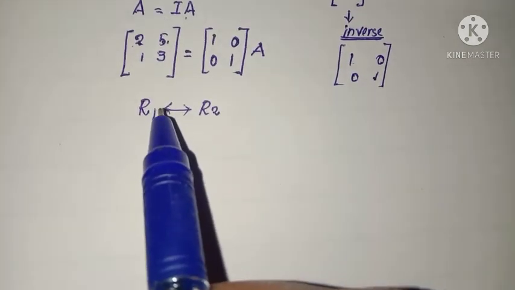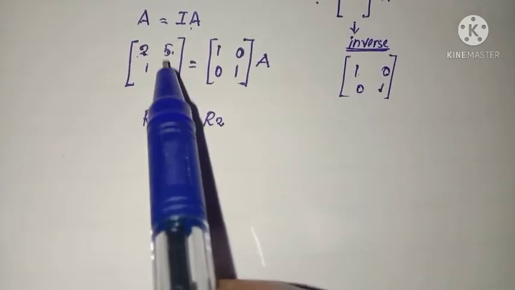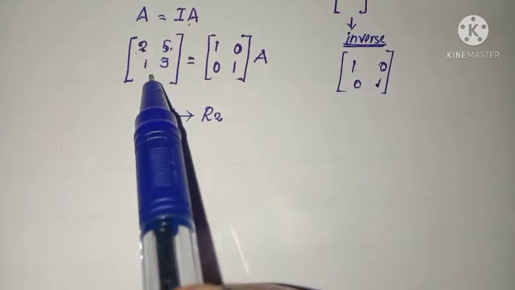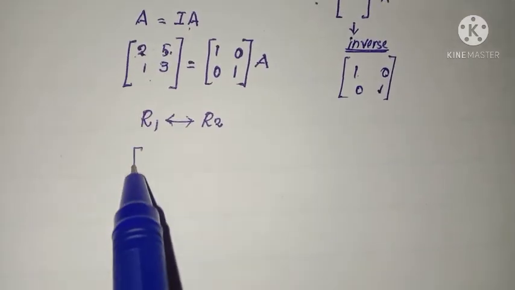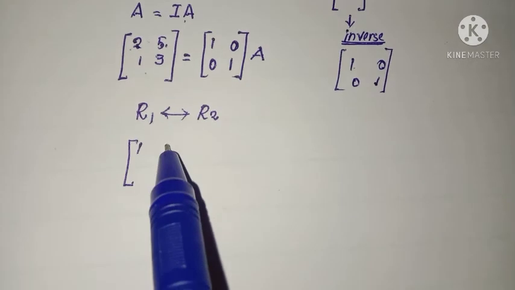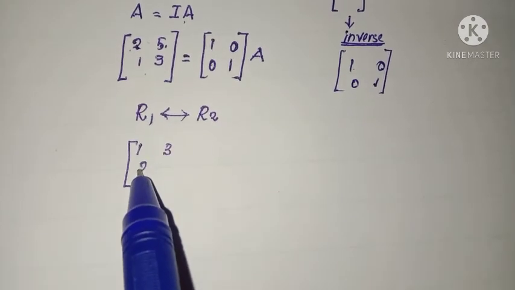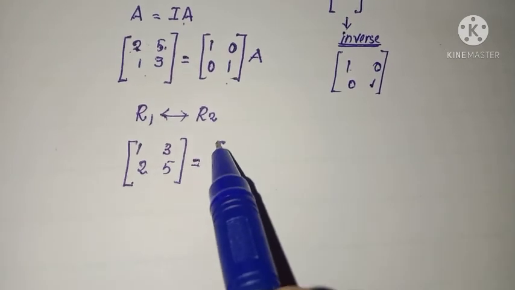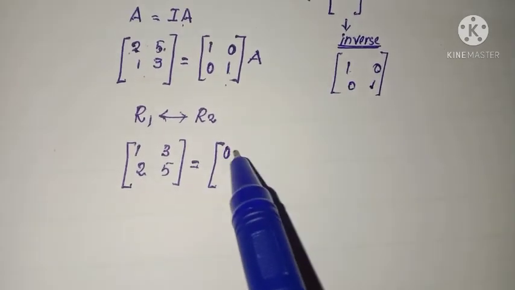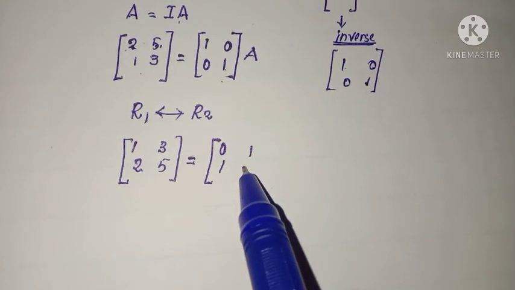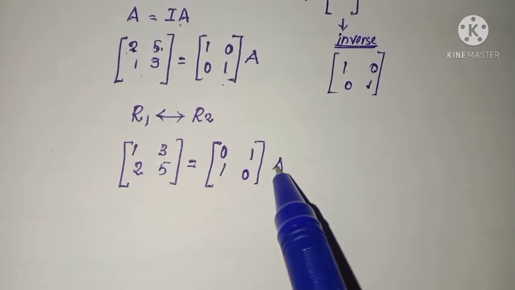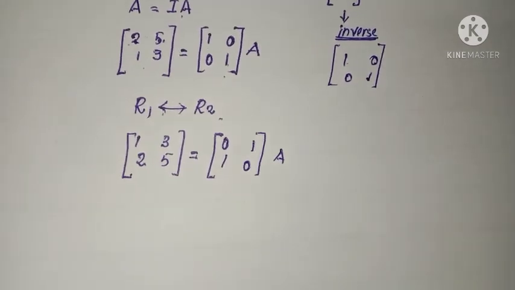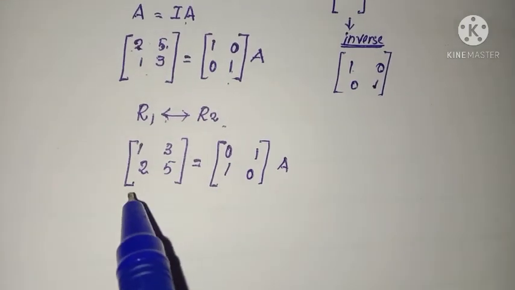So here I interchange the second row as the first row and the first row as the second row. So the resulting matrix becomes 1, 3, 2, 5. Similarly, we have to do it here, the second row becomes the first row and the first row becomes the second row. So this is our first step, interchange of rows.